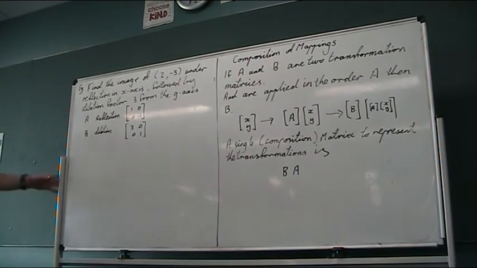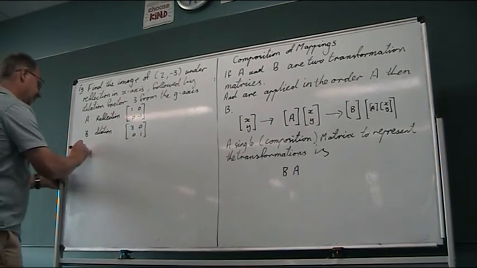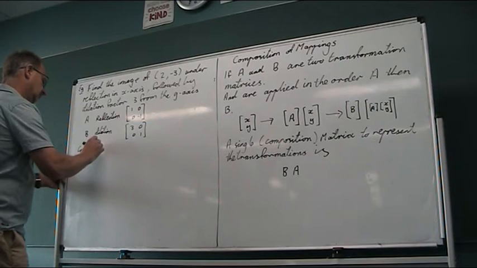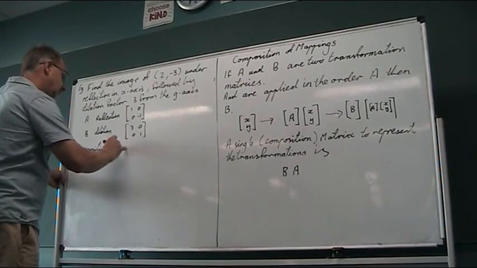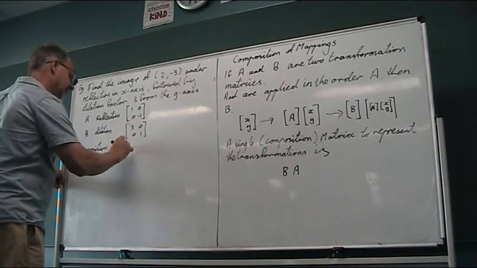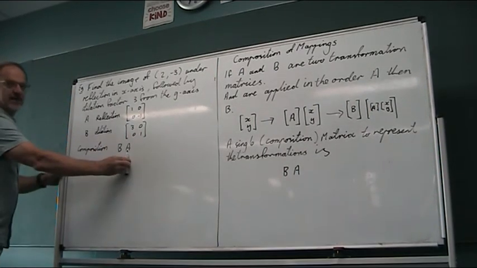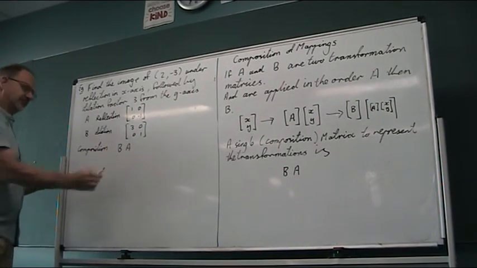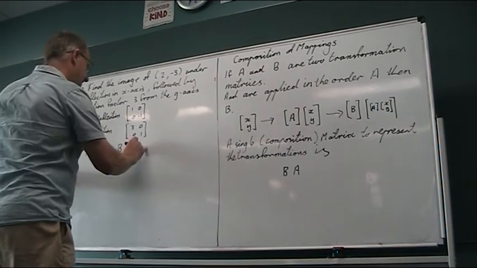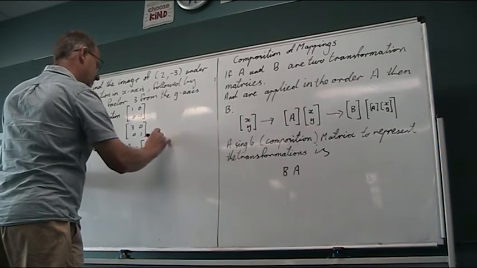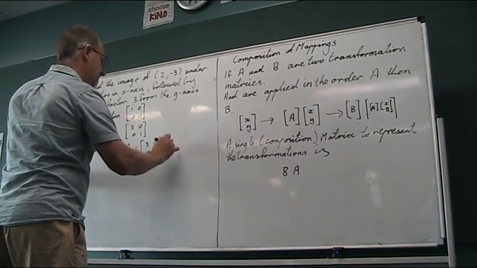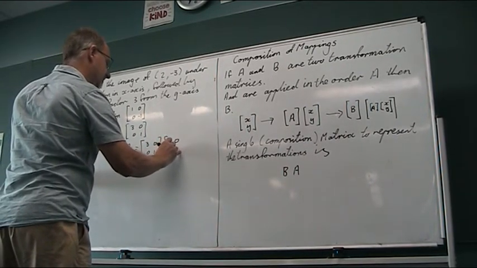So our composition of those would be BA. A was done first, then B. And so BA would be 3, 0, 0, 1 times by 1, 0, 0, negative 1.